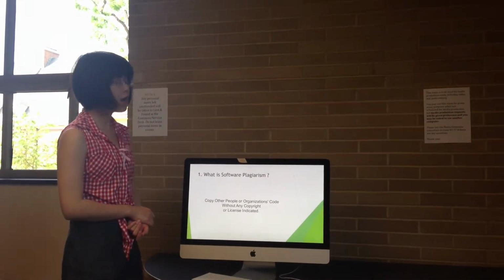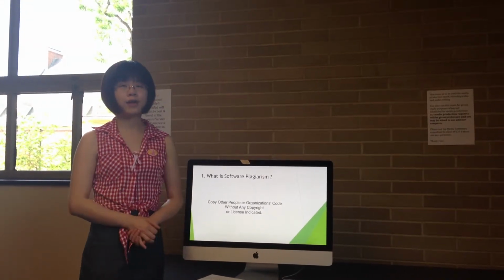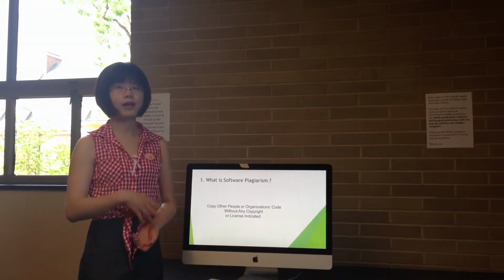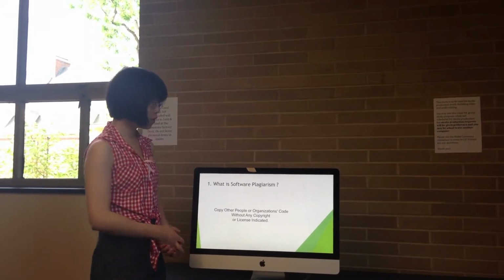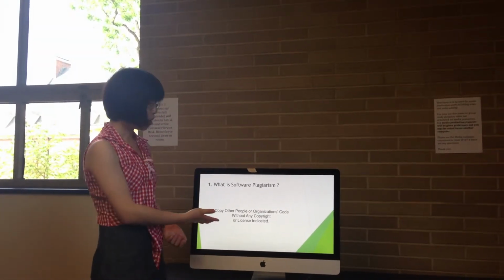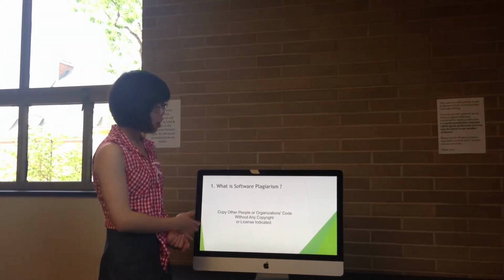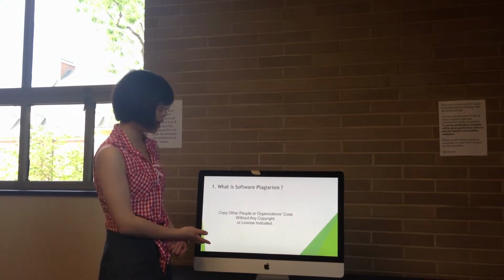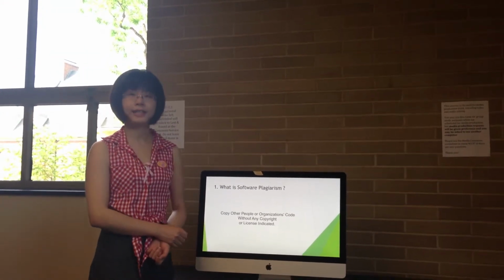So first, what is software plagiarism? Before this story, I think most of us already had some underlying knowledge about the definition of software plagiarism. So this is the official definition of it. That is, trying to copy other people's or organizations' code without any copyright or license indicated.